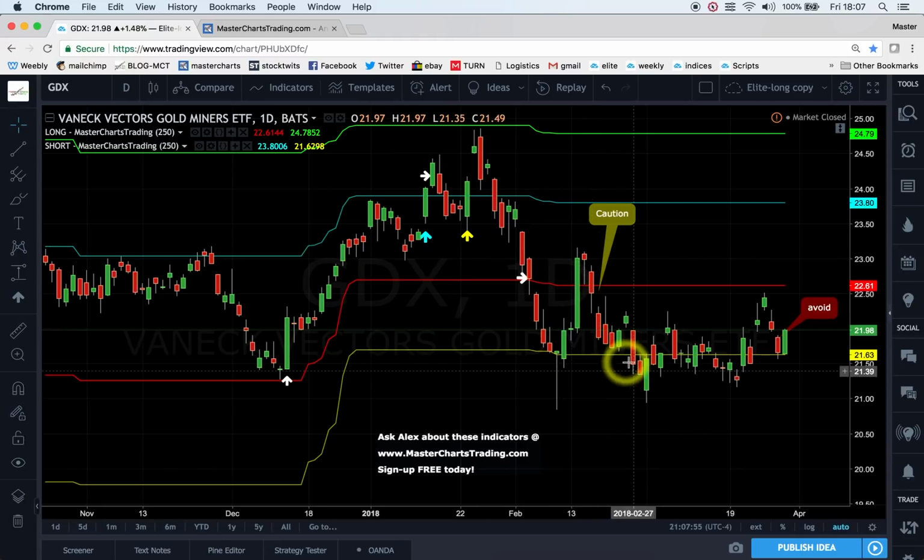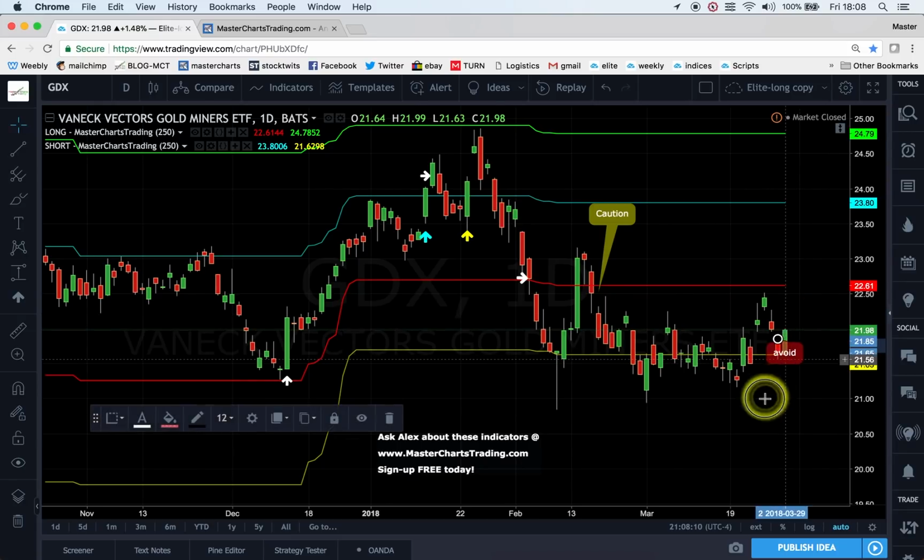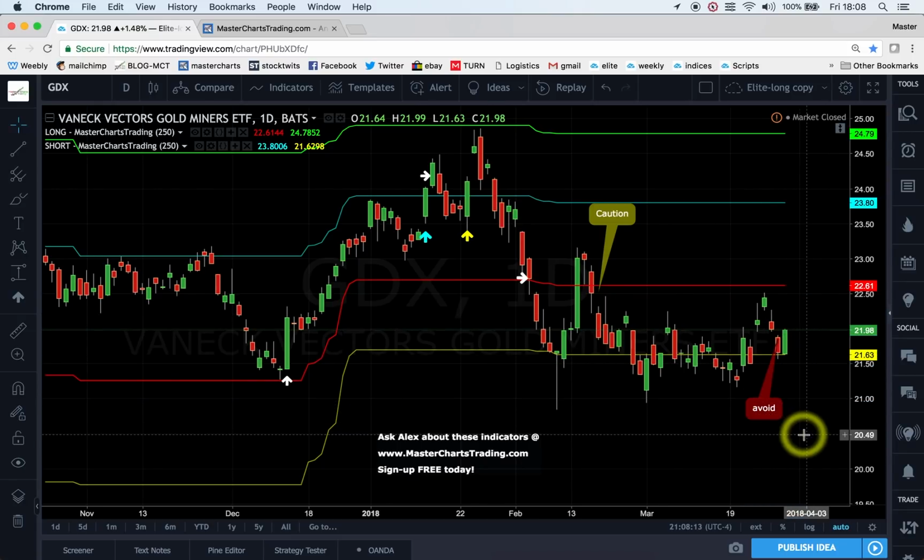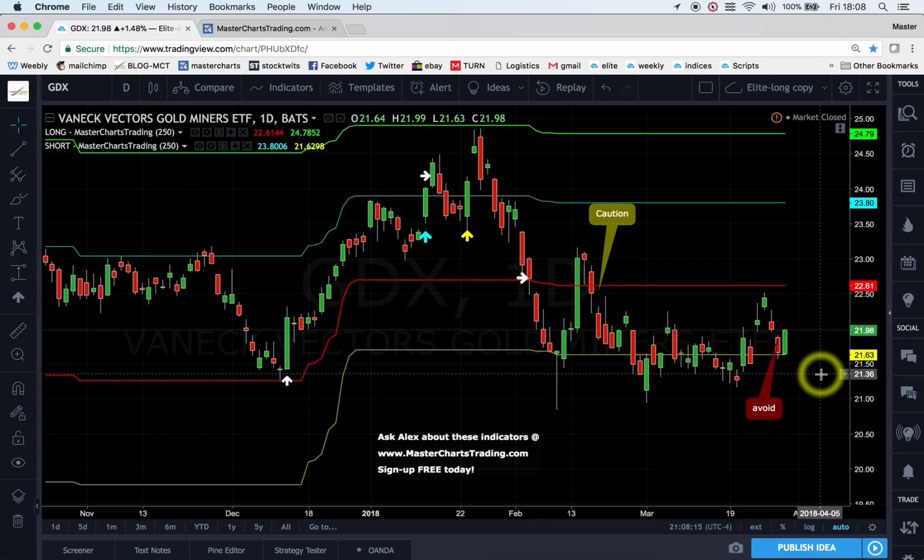But eventually we sold off, and on the 27th of February of this year, 2017, we see a close below this yellow line, a couple of bounces, and more selling. So right now I'm avoiding all gold-related assets, and we'll see where this takes me.